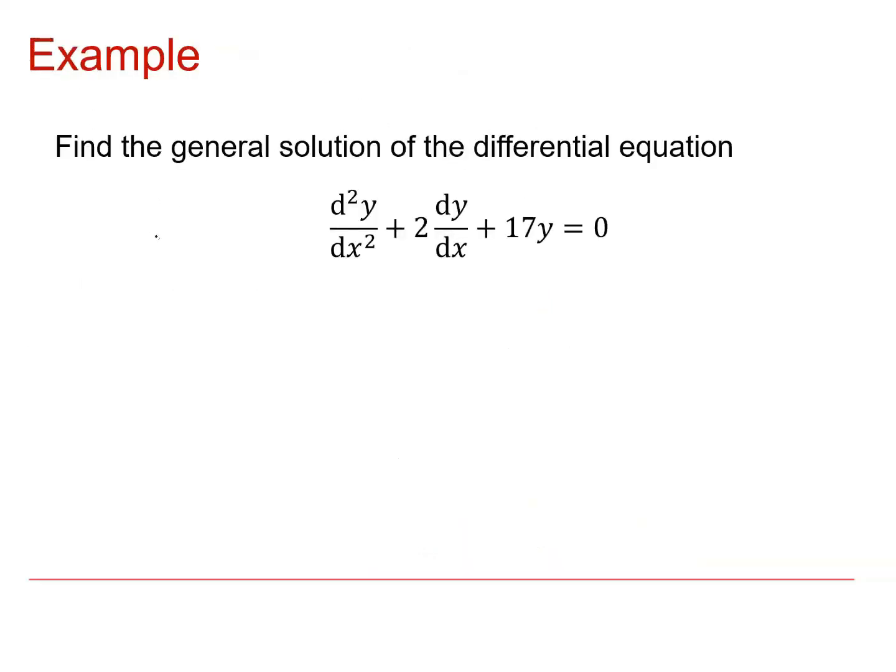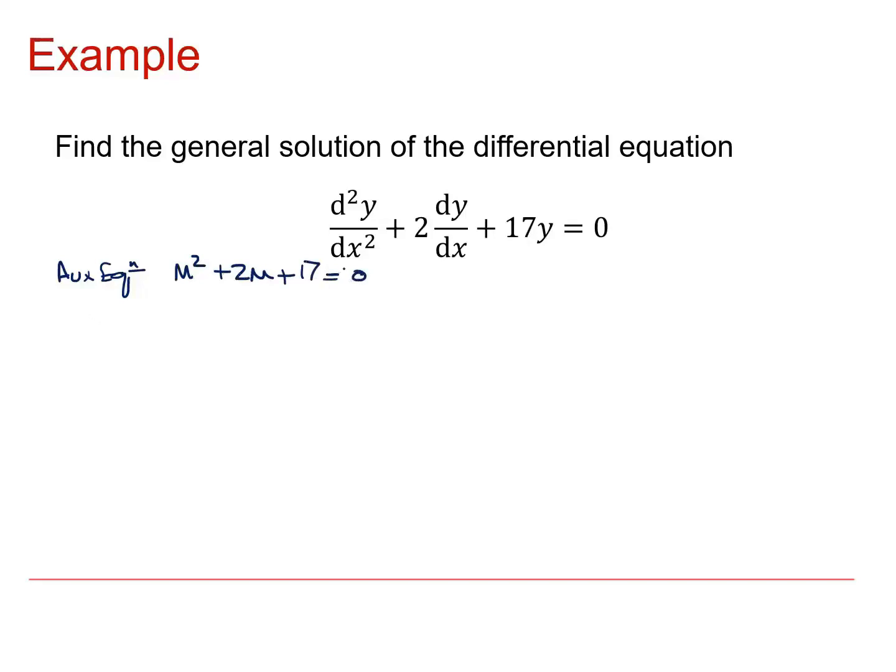So looking at an example then, let's have a look at this differential equation. I've got an auxiliary equation for this, which is just m squared plus 2m plus 17 is equal to 0.